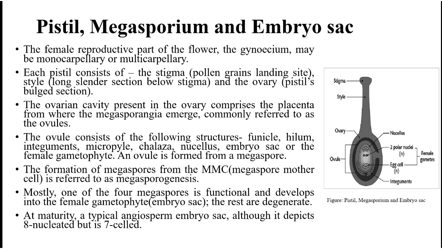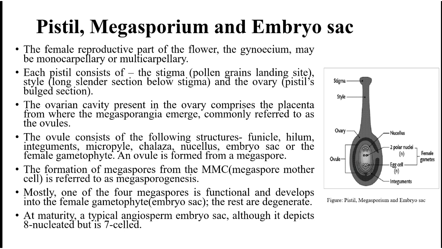Next, the female reproductive part. The female reproductive part or gynoecium may be monocarpellary or have many carpels. Carpels are the individual units of the female reproductive part.